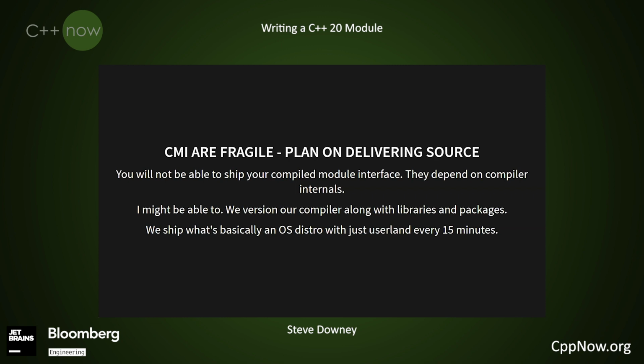What we ship out internally is basically an OS distro with just userland about every 15 minutes. So when someone promotes a package, we rebuild what's necessary and make that one available very quickly. We have a lot of CPU devoted to making this happen, though. But it does mean we have consistency with everything that we're producing, so we can ship binary artifacts to each other safely.